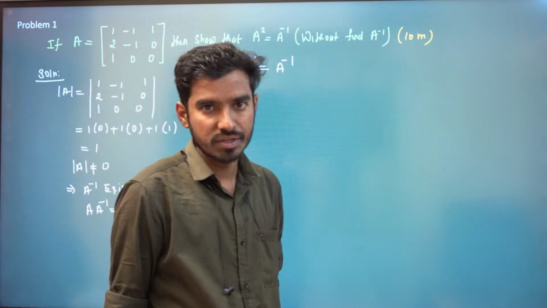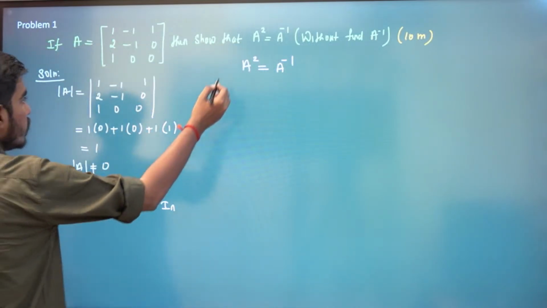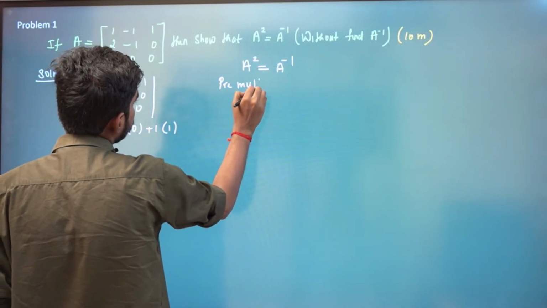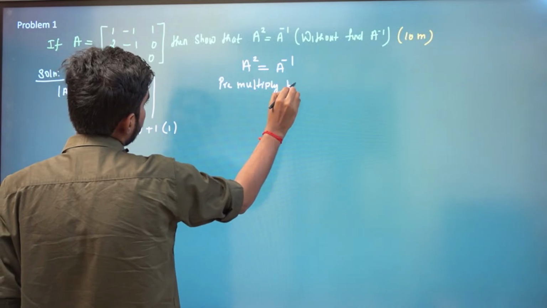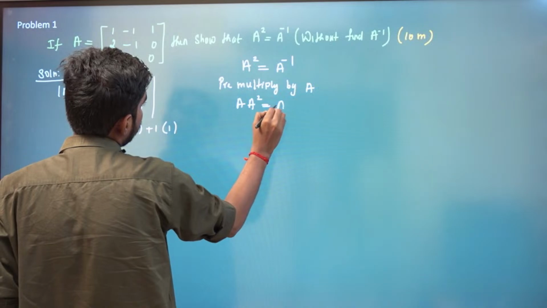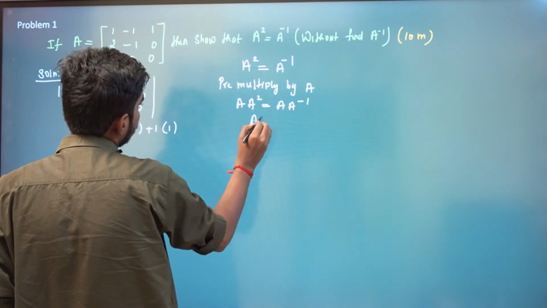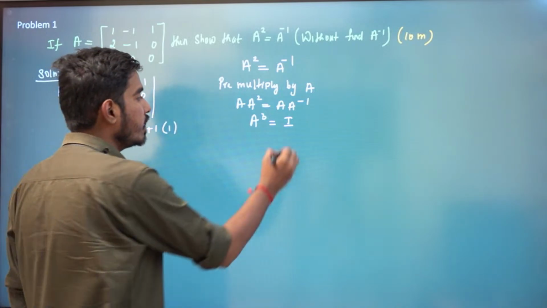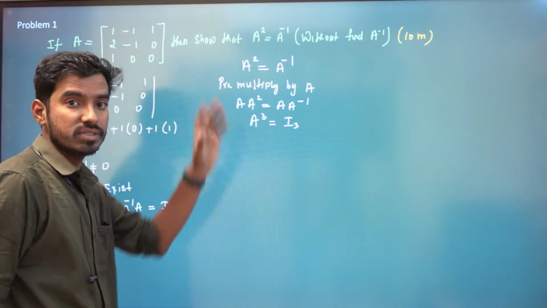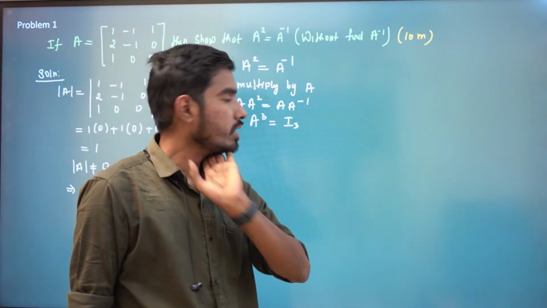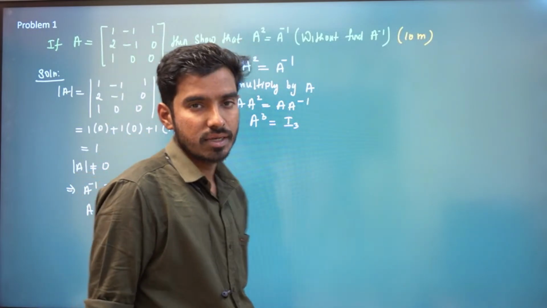Now, A square is equal to A inverse, and we pre-multiply by A. So this becomes A into A square is equal to A into A inverse. That means A cube is equal to A into A inverse, which I can write as the identity matrix of order 3, because A inverse exists for this matrix as the determinant of A is not equal to 0.